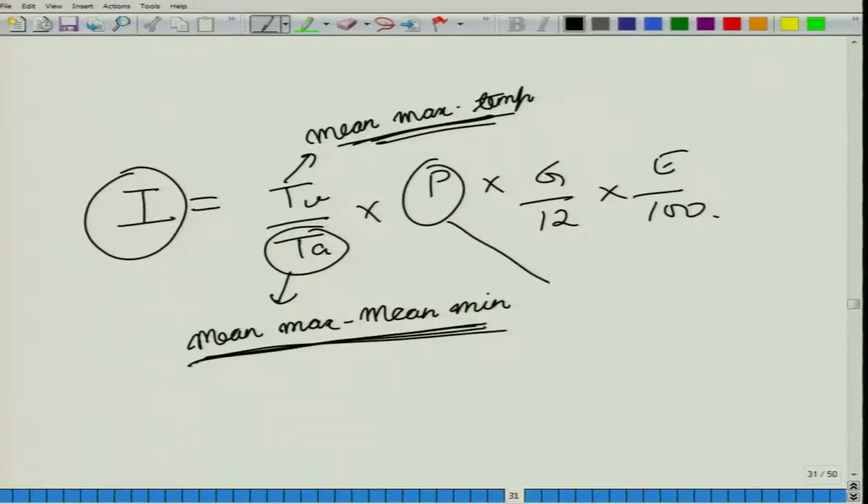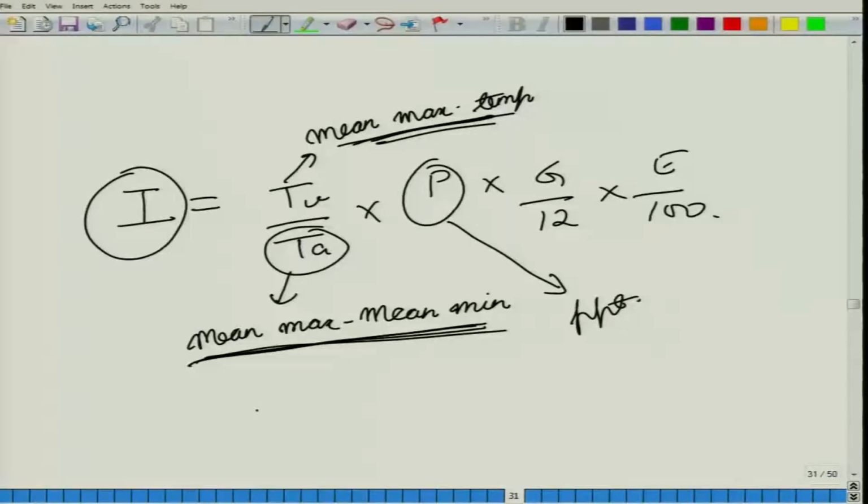Now, P is the mean annual precipitation in millimeters. If you increase the amount of P, your area is receiving more rain, which means your plants are not facing any dearth of water, and water is an ingredient in the reaction of photosynthesis.